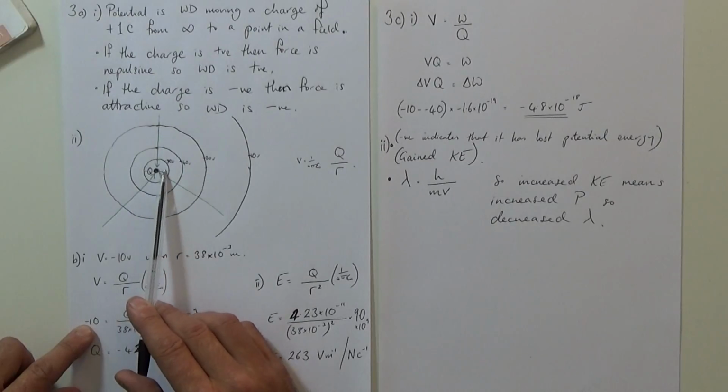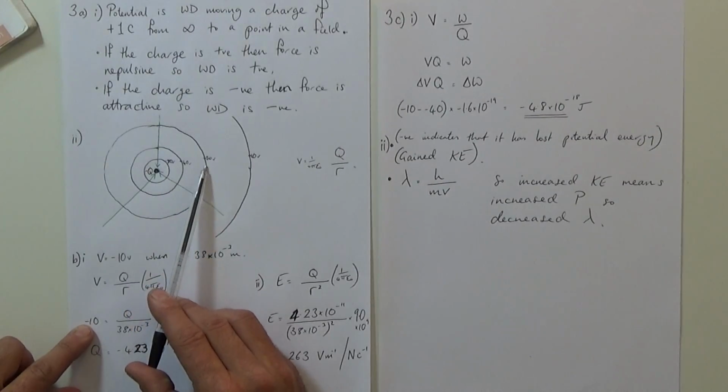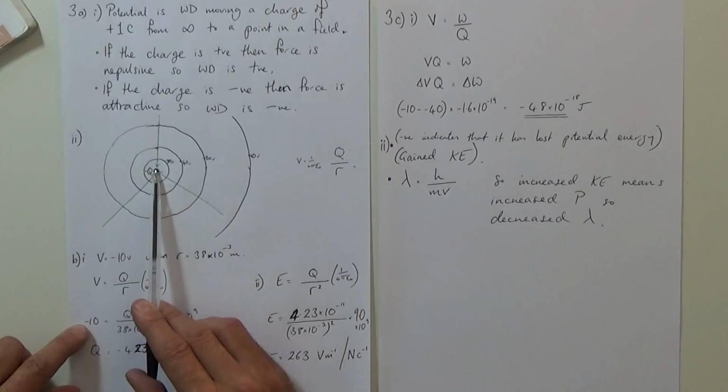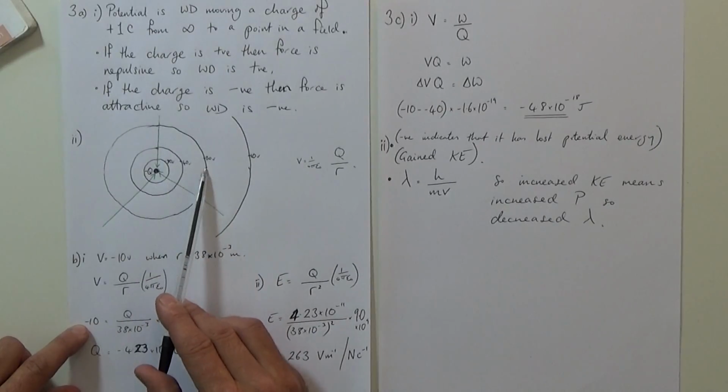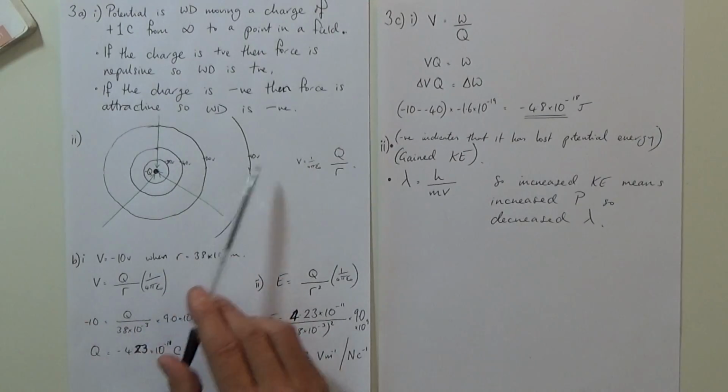So this distance, if that's R, then to 40 should be 2R. Doubling it to 4R should halve the potential, and then doubling that again. So each time you go out along here, this is double that, and this is double that, and the potential halves each time.